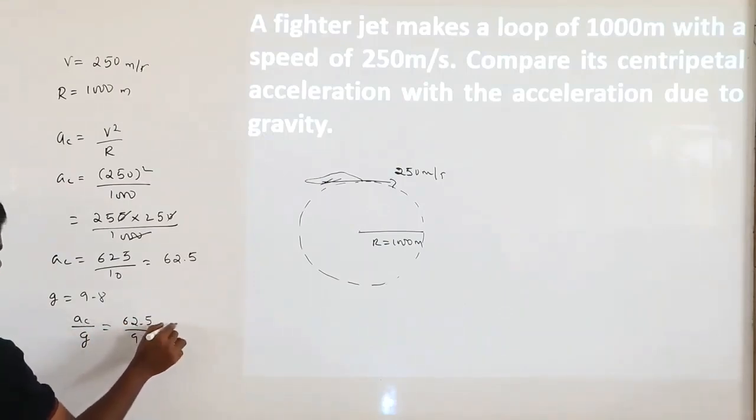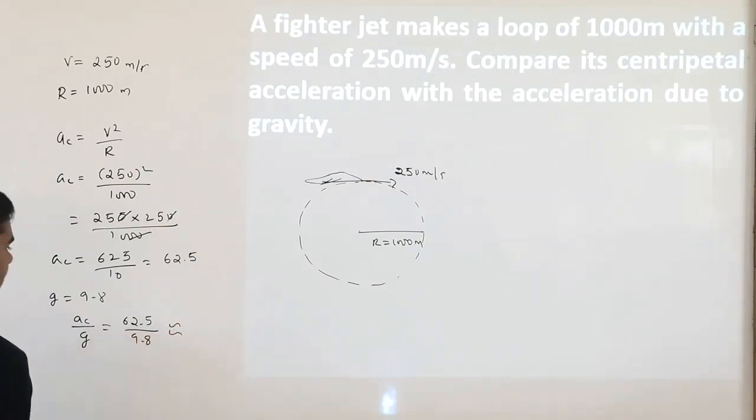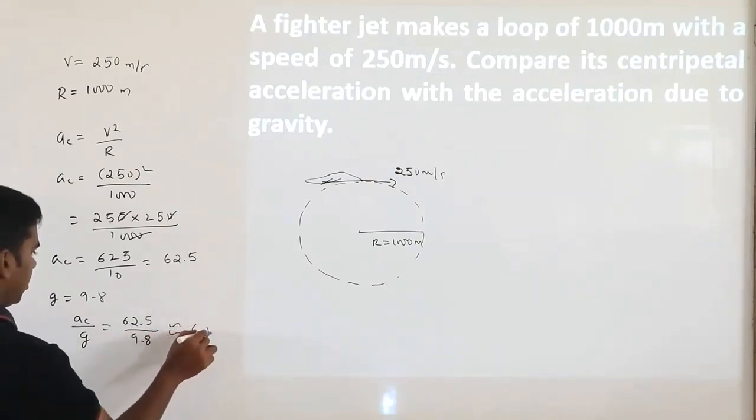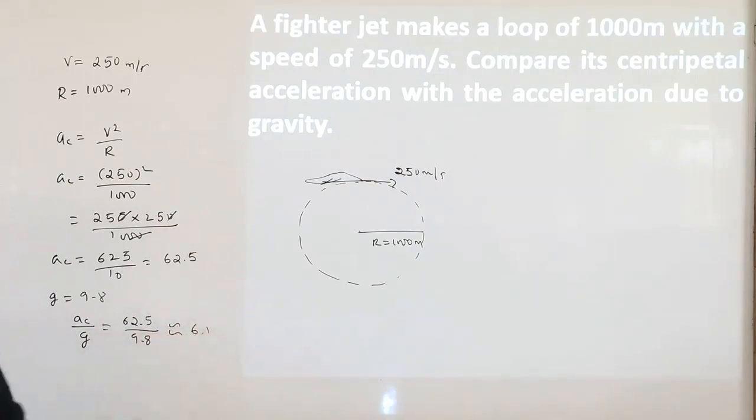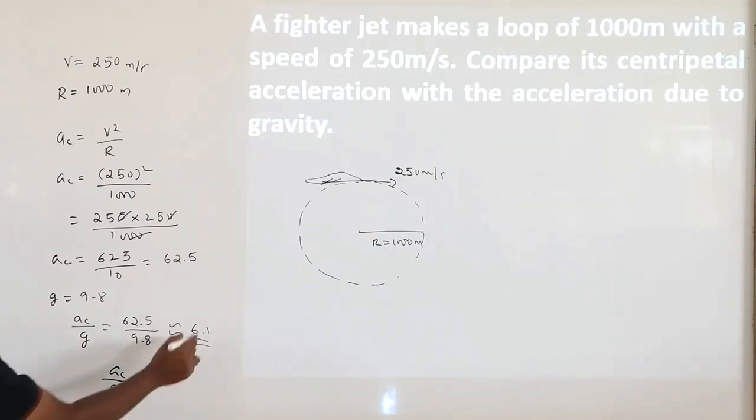So it is approximately 6.1 or 6.2, whatever. Okay, so it is approximately 6. a_c divided by g is approximately 6, or you can just calculate it. So this is how we can compare the centripetal acceleration with the acceleration due to gravity. You may get approximately 6.3 or 4.